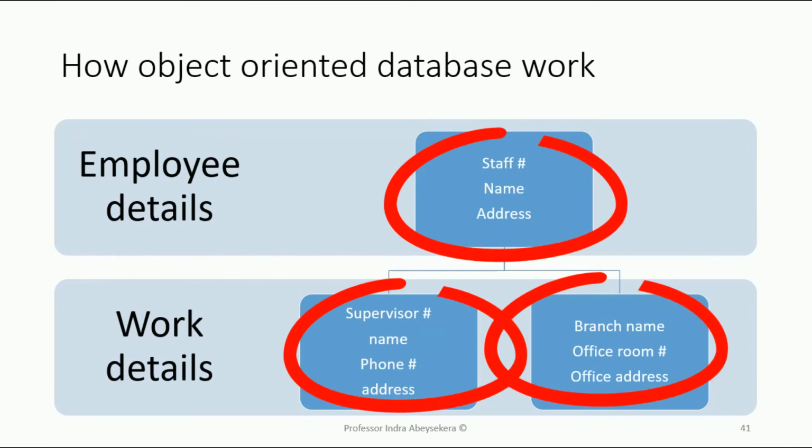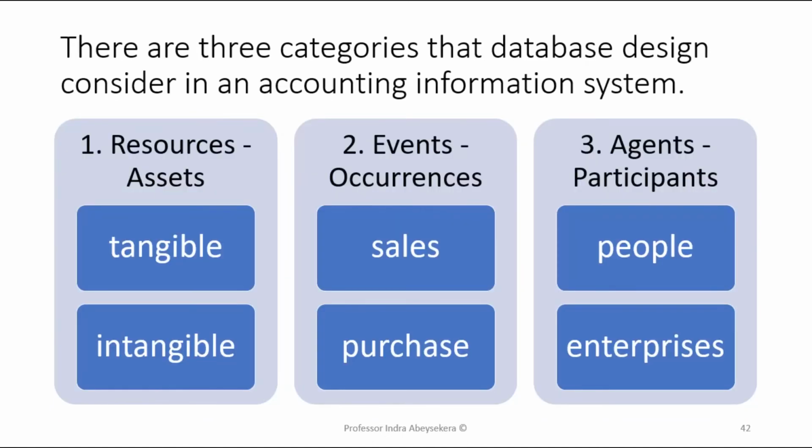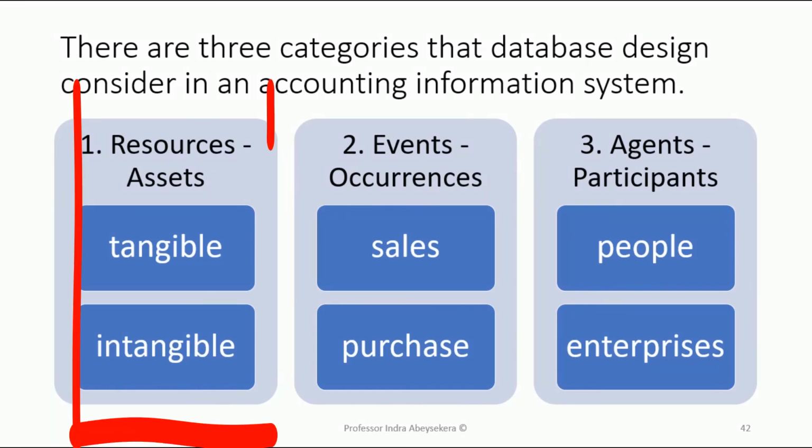For example, in an object-oriented database at a workplace, you could have employee details. In that object called employee, their staff number, name and address, and then the employee has a relationship with the supervisor, and then there's an object called supervisor. Supervisor's name, phone number, and address is there, and then the staff member works in a certain branch, and there's the branch name.